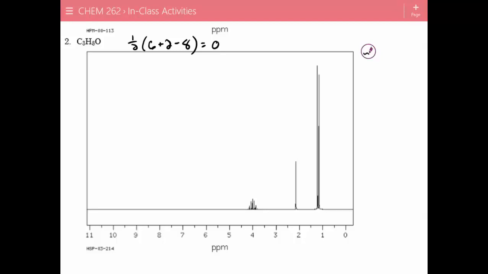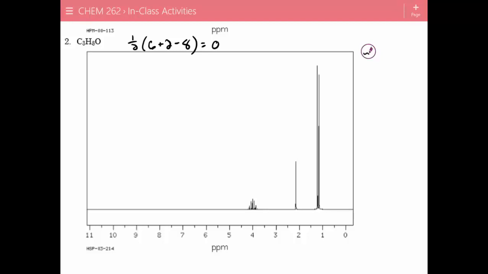So we know it's either going to be a pentet or a sextet. So we've got to piece this together. If it's a sextet, let's just assume it's a sextet, how many 3-bond neighbors should there be? So sextet is 7. What's septet? Right. So it has 6 3-bond neighbors potentially.